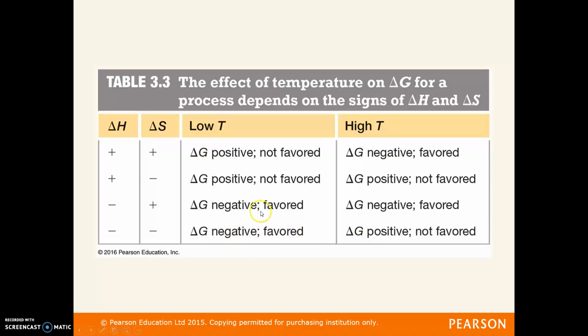So at low temperature, it will be favored because the low multiplier is minimizing the loss of entropy. But at high temperature, it's not going to be favored, and delta G is going to be positive because of the multiplier effect of temperature on this problematic loss of entropy.